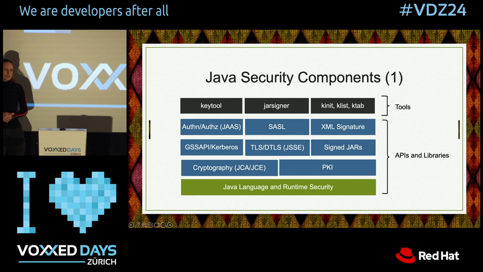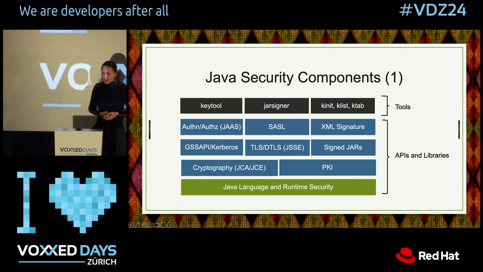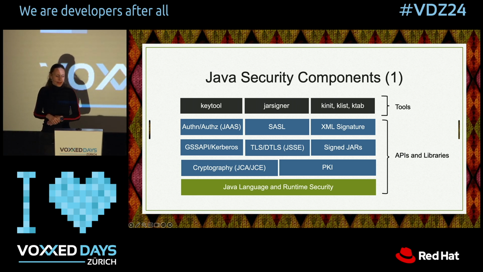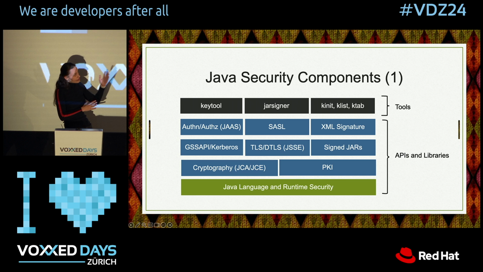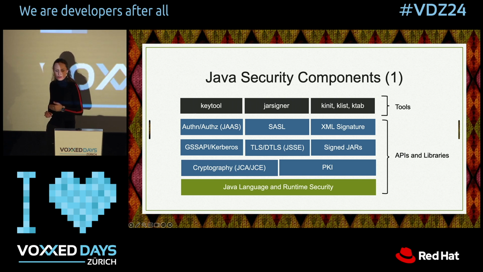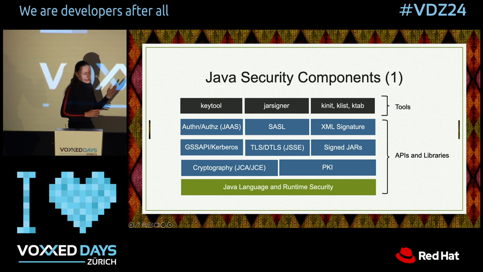Java security consists of language and runtime security functionality, and it has a comprehensive set of APIs that cover many different areas, like you see here in the diagram. The higher level abstractions of this diagram are built on top of the lower layer concepts, right? So you can see that in the diagram.